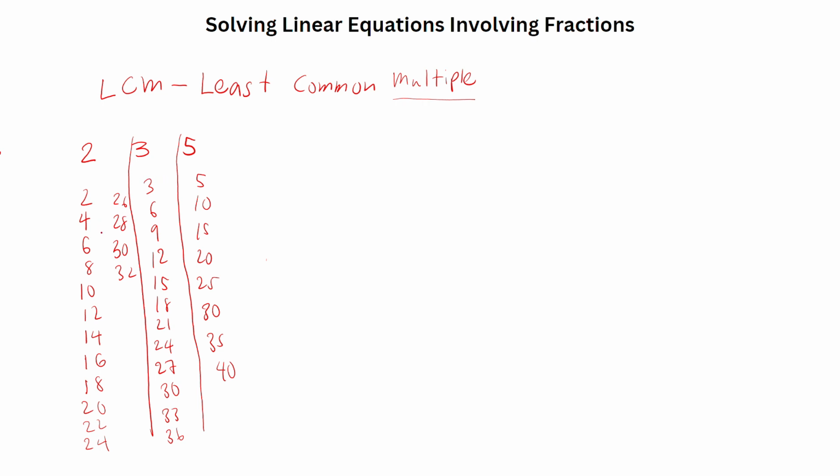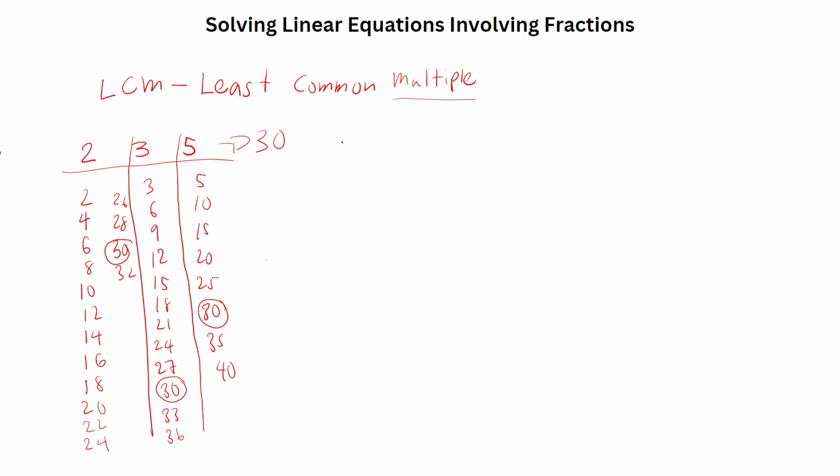Can you check what is the common here? Actually, that is 30. All of them have multiples of 30. That's why the LCM of 2, 3, and 5 is actually 30.